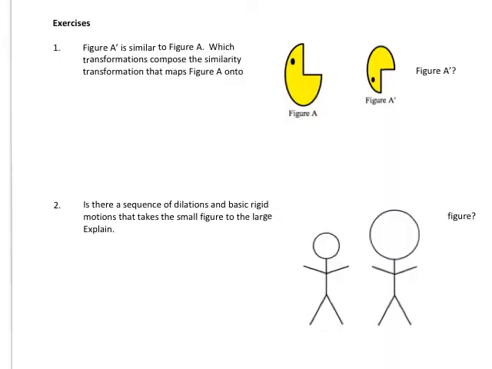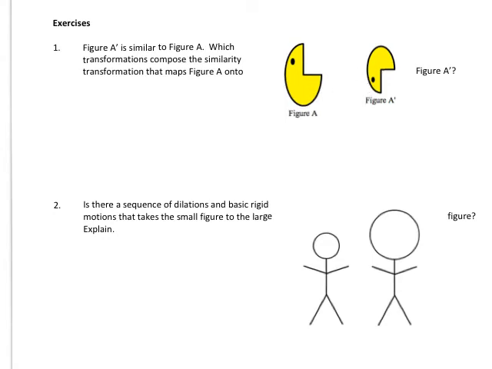So just like we described transformations of rigid motions to map a pre-image to its image, we can do the same thing with similarity transformations. If I look at figure A prime, it's similar to figure A. So we want to talk about what transformations would map A to A prime. Well, I'm decreasing in size, so that's going to be a dilation with a scale factor less than 1, and then I'm also rotating it.